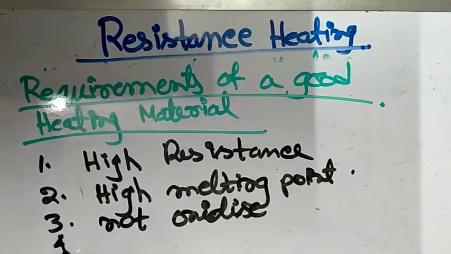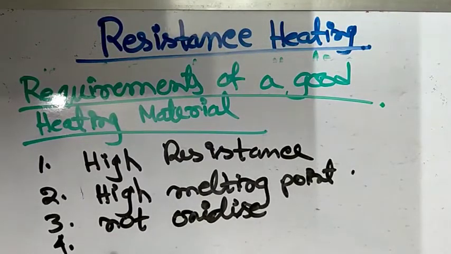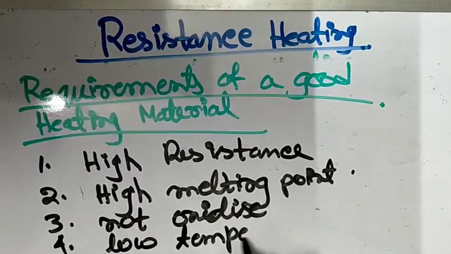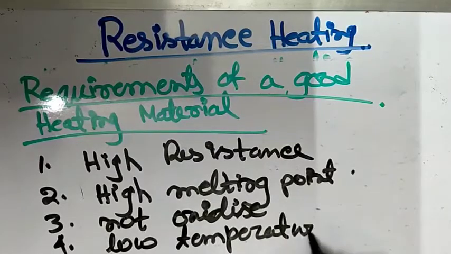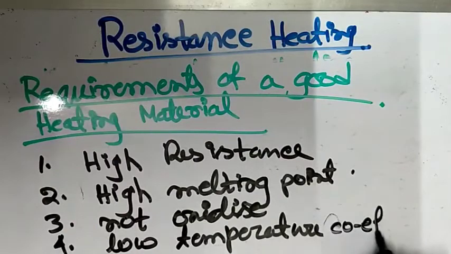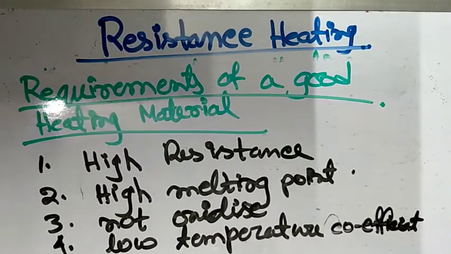And last, it should have a low temperature coefficient, so that starting from cold it should not take heavy current. So these are the four requirements which we generally find in a good heating material.